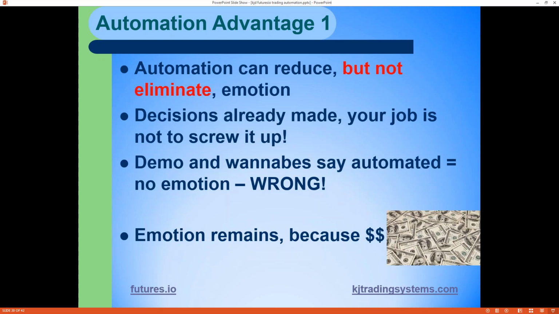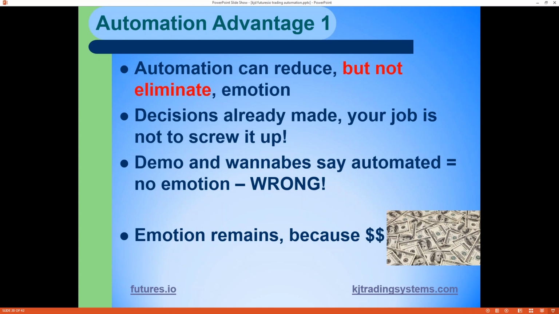And it's because of that bottom line in that last point, because of money. Anytime there is money involved, there's going to be emotion. Unless you absolutely do not care about money, in which case, why are you doing this, right? Everybody cares about money. They want more, right? You don't do this as a charity. You don't intentionally go to lose money.